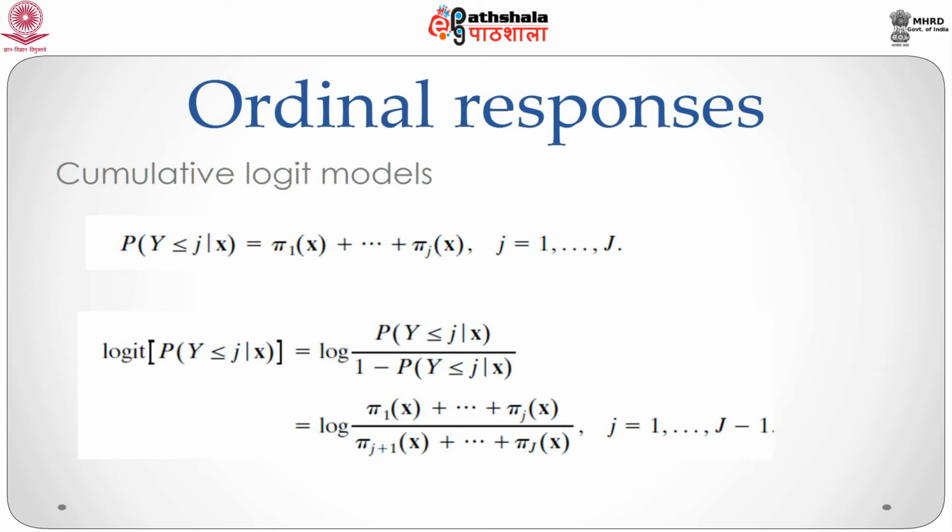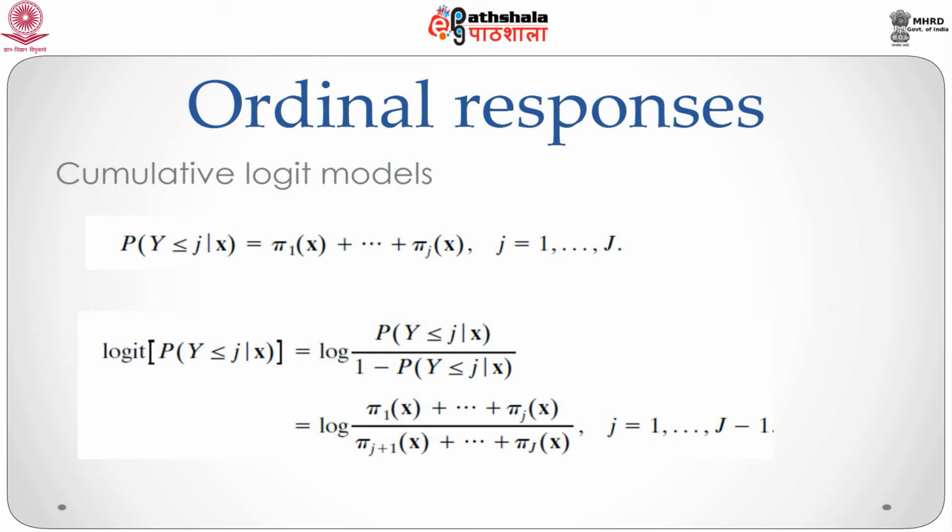So, the log odds of y being less than or equal to category j. In terms of the pi's, this is written as log of pi_1(x) up to pi_j(x), with the denominator as pi_(j plus 1)(x) up to pi_J(x).